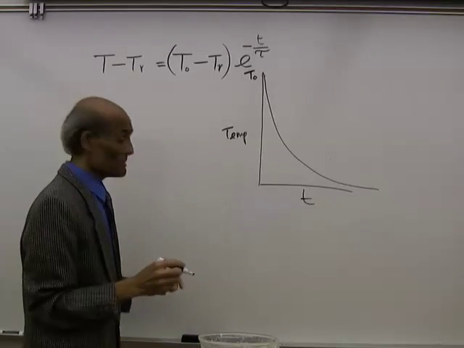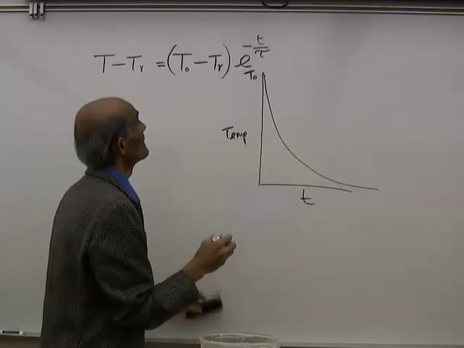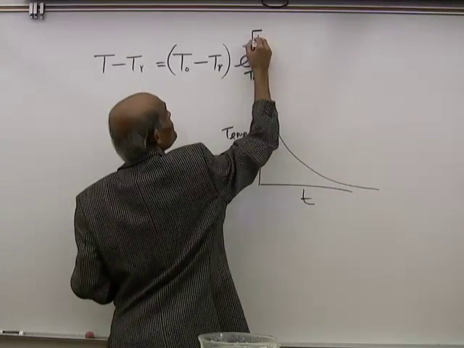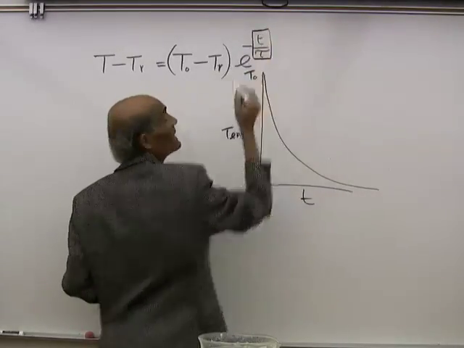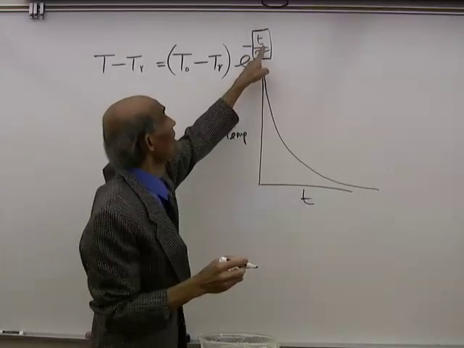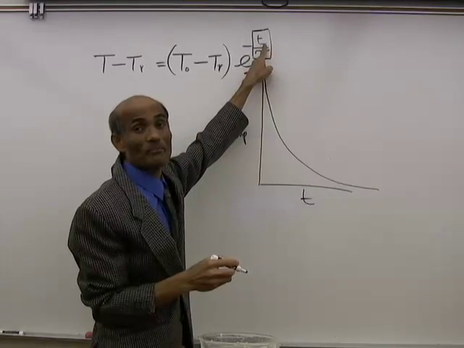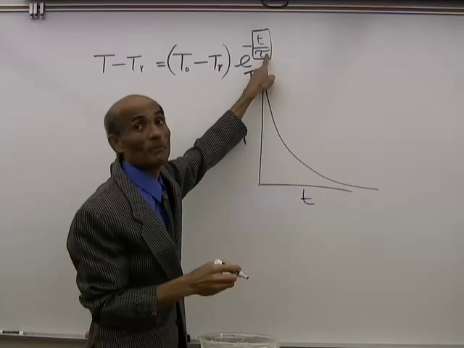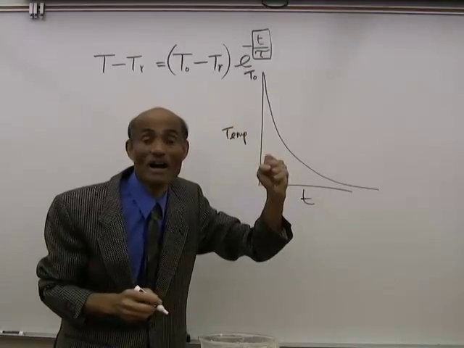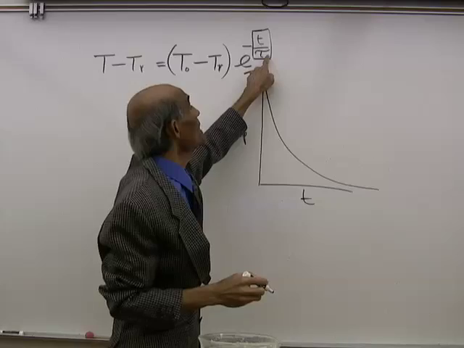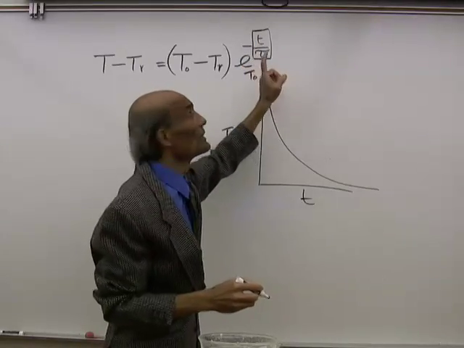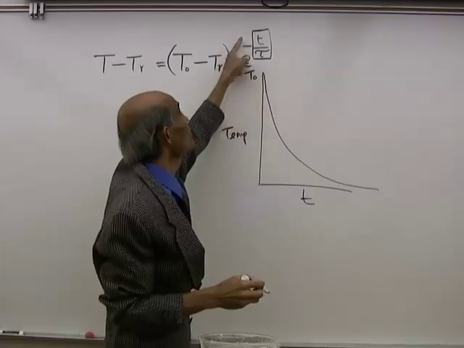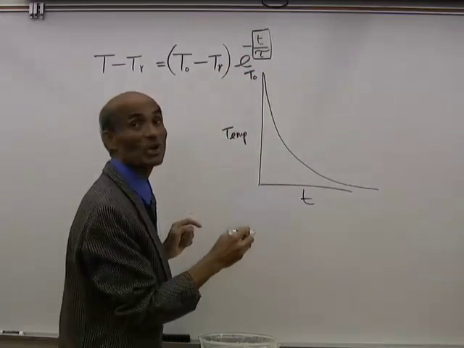Now, let me ask you one thing. In here, look at the rectangle I'm putting in. In here, suppose this time is the same as tau. We are going to define tau: if this t equals the time constant, then what will this equation look like?